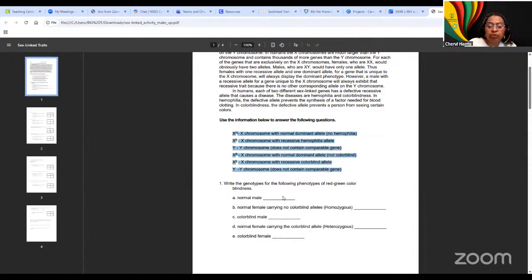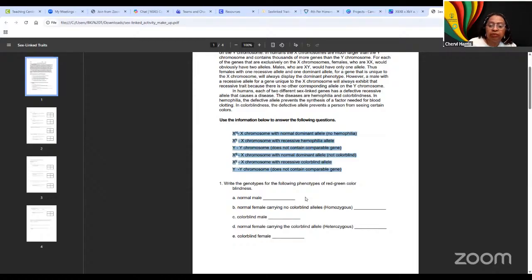This person will be normal. Capital B is normal. So next to that, you write not colorblind. So the genotype was X capital B, Y.